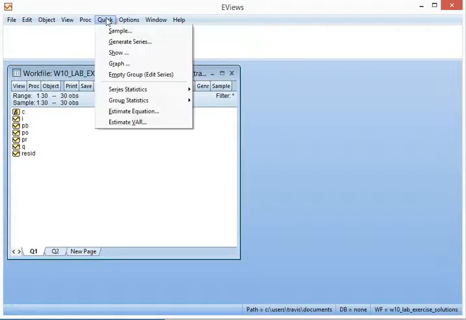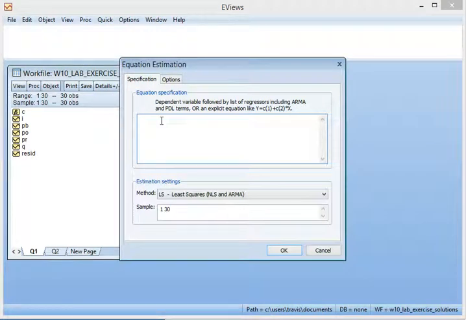To estimate this equation in eViews, I'm going to choose Quick, Estimate Equation, log Q. This is the log of quantity demanded or quantity consumed. This is going to be regressed on an intercept constant, the log of the price of beer, the log of the price of other alcoholic beverages, the log of the price of all other goods, and the log of income.